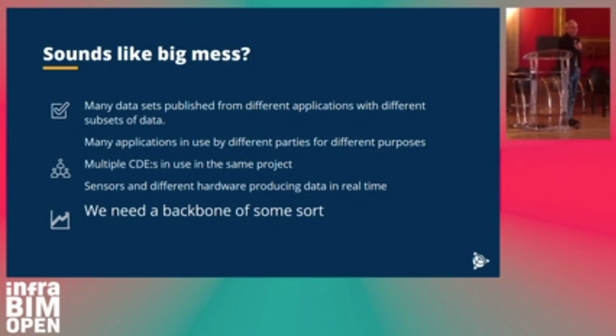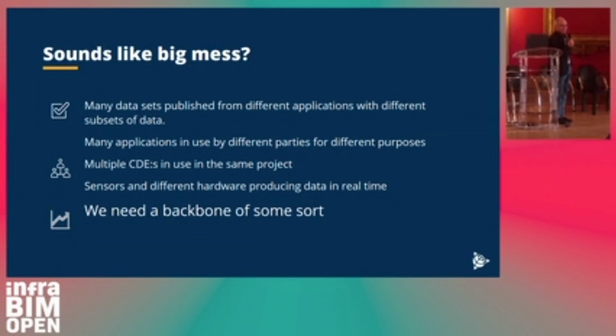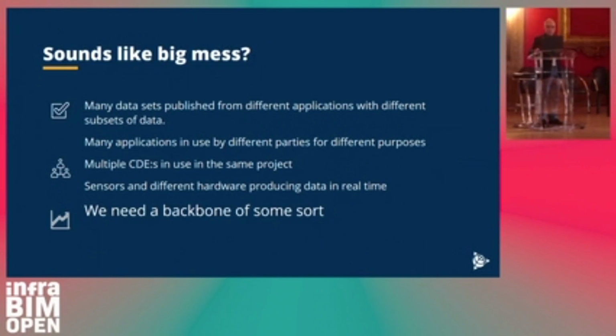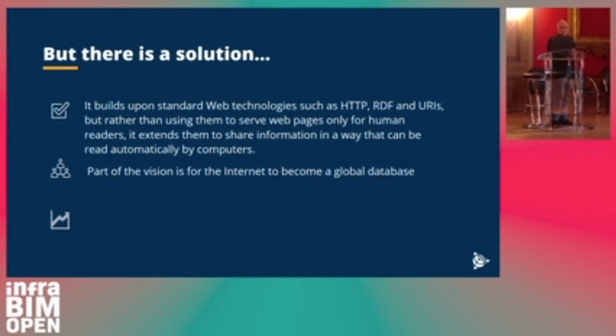At first sight, it might. This is a huge mess. How can we handle many applications used by different parties for different purposes, multiple CDEs in the same project? That's happening already. Sensors with different hardware producing data, drones, all kinds of stuff. And for that, we need a backbone of some sort. And there is a solution.